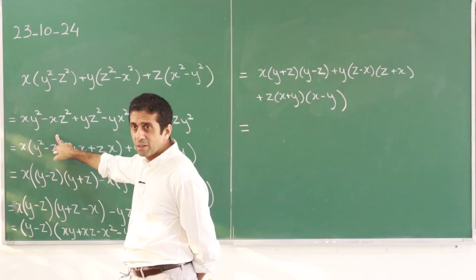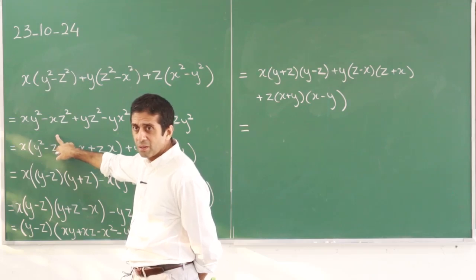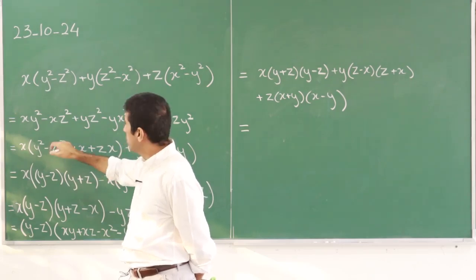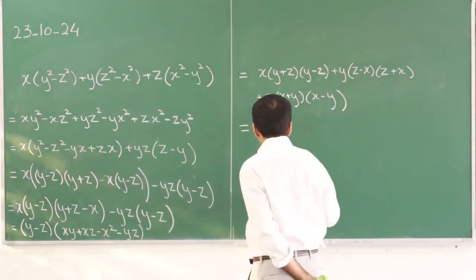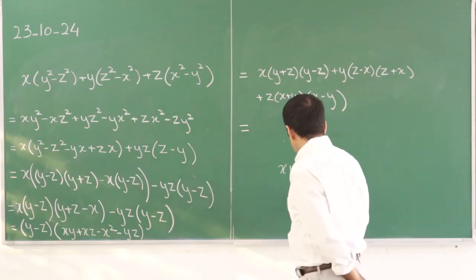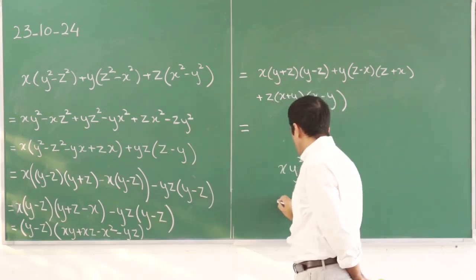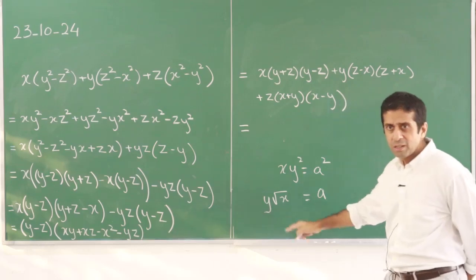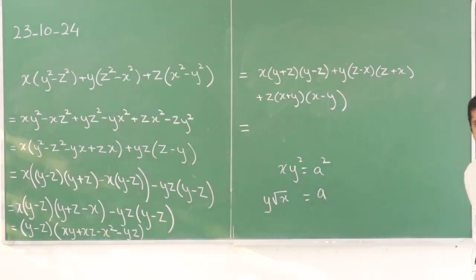सर मतलब हम कह नहीं सकते कि xy squared जो है वो a squared के इक्वल है. No, because if xy squared is equal to a squared, then a is equal to square root of x multiplied by y and this is not a polynomial. Square root of x is not a polynomial.